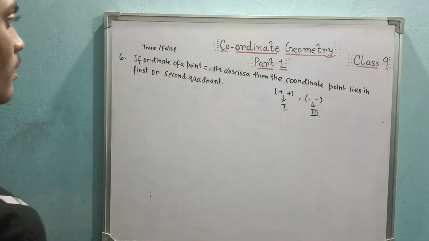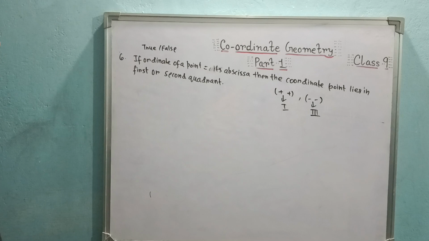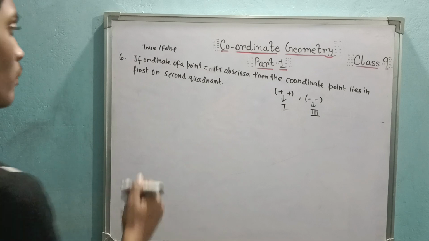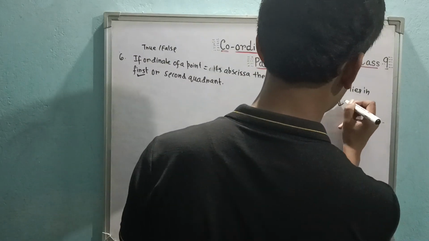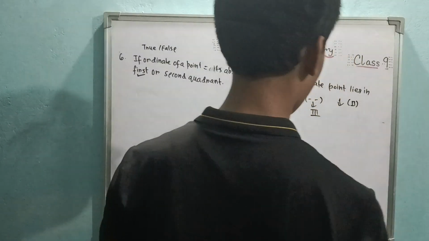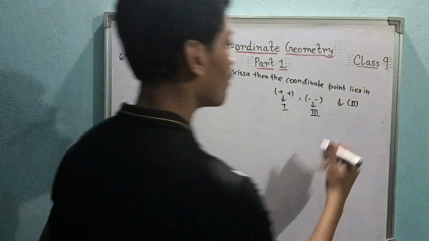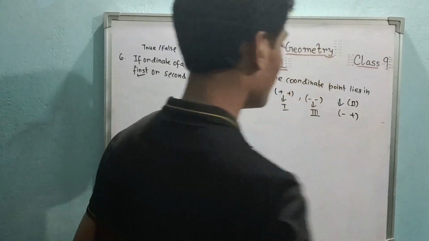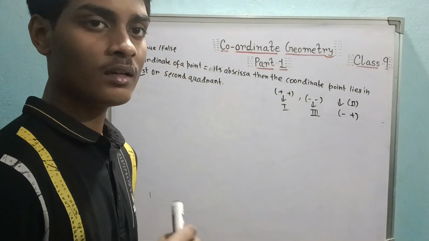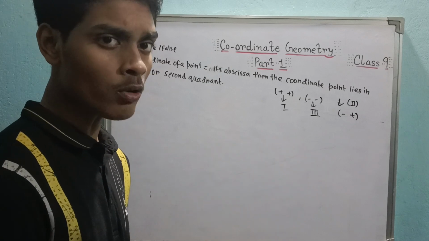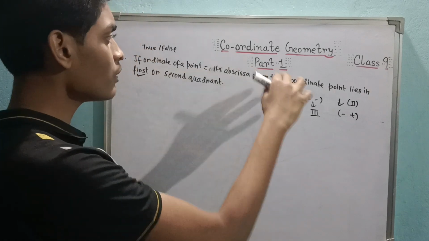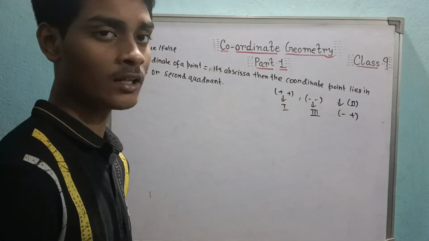They are telling us the point lies in the first or second quadrant. The first quadrant is correct. But we know that in the second quadrant, the signs are minus, plus. If the abscissa is negative and the ordinate is positive, they are not equal. So according to this statement, the point can't lie in the second quadrant.